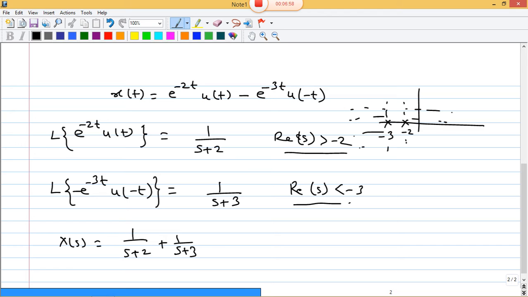Now just see here carefully. For the ROC, convergence is required; Laplace transform convergence is required.